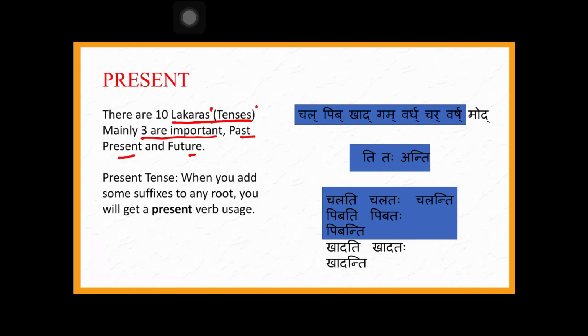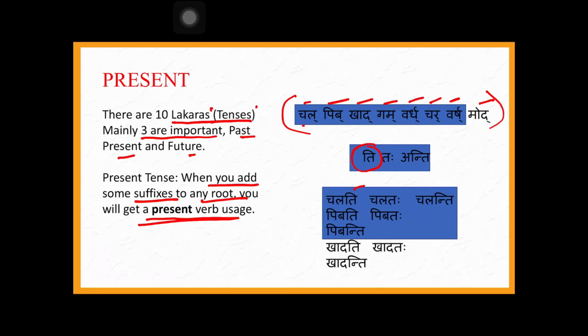Now we'll go to the present. When you add some suffixes to any root, you will get present verb usage. For example, here you can see chal, pib, khad, gam, vardh, char, varsh, mod. These are all verbal roots. When you add ti, what will happen?